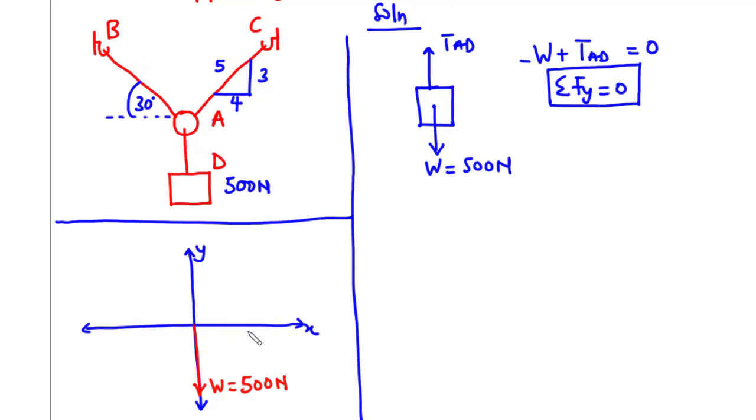And the upward tensional force it exerts in the cable, TAD, is distributed between the two cables, TC and then TB. Now we have the angle between the negative x-axis and then TB to be 30 degrees. And then here we are provided with a small slope triangle, that is a 3-4-5 triangle.